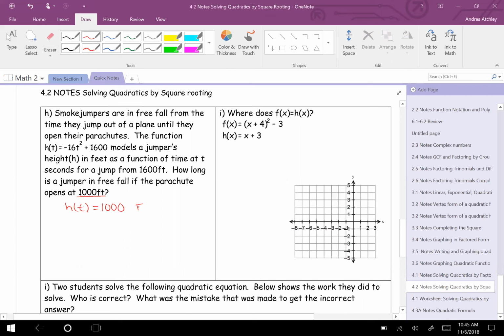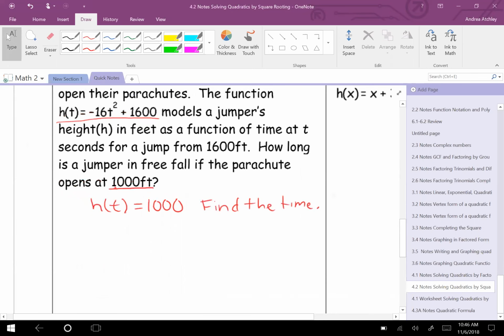And we say find the time. That's what it's asking us here. So we're going to use our equation that's given us right here, but we're going to plug in 1000 for h of t and then solve it.